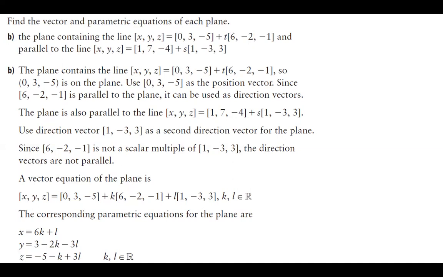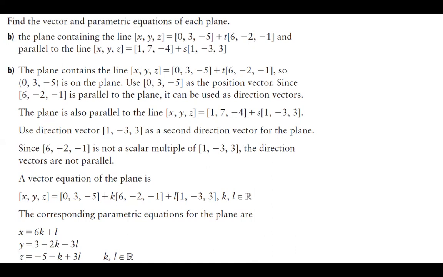So a vector equation of that plane can be given by (x, y, z) equals (0, 3, -5) plus k times (6, -2, -1) plus L times (1, -3, 3), where k and L belong to the real number set.